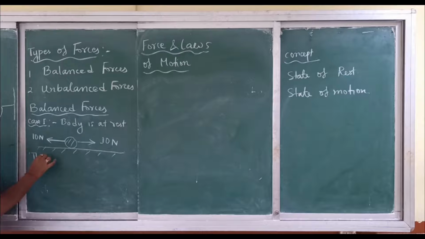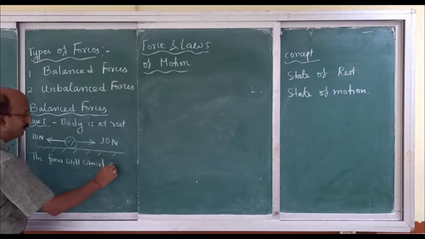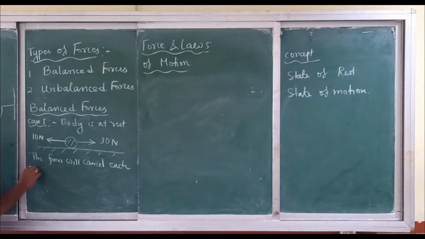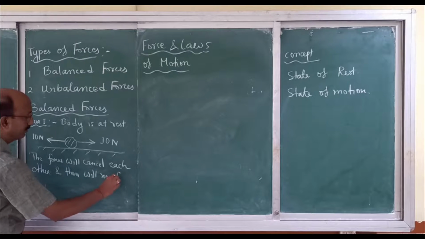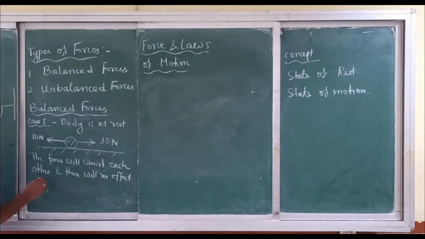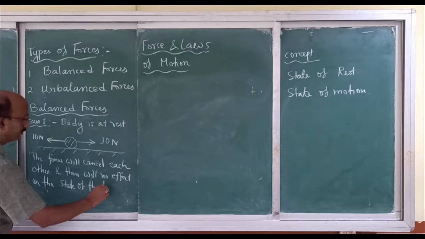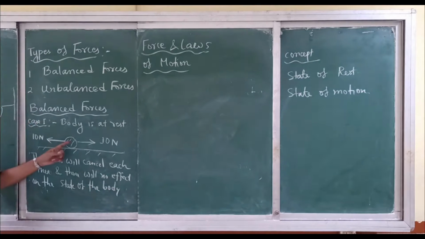The forces will cancel each other and there will be no effect on the state of the body. State of the body means the state of rest I am talking about.